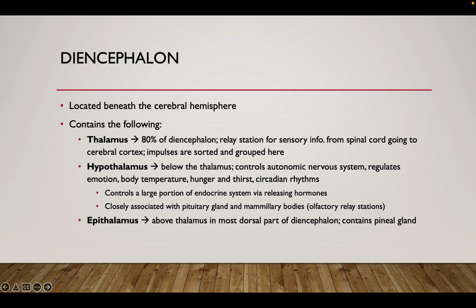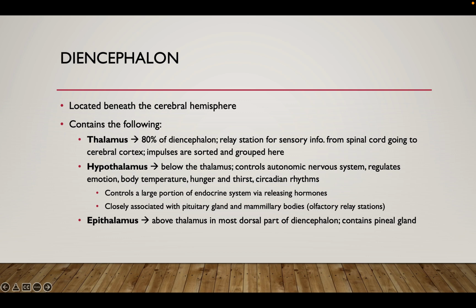Okay, we have our hypothalamus, which by its naming you can deduce is located just beneath the thalamus. Hypo meaning beneath the thalamus. This is important for different autonomic nervous system functions. It will regulate our body temperature. Our thirst center is located within our hypothalamus, as well as circadian rhythms, and it also has a very important role in our endocrine system by releasing and inhibiting hormones.